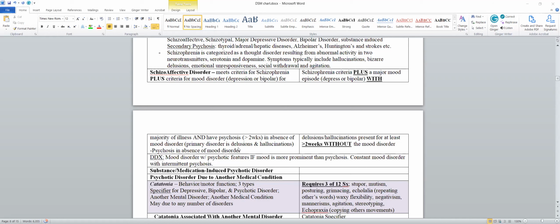The primary features are delusions and hallucinations. So there must be psychosis in the absence of the mood disorder.